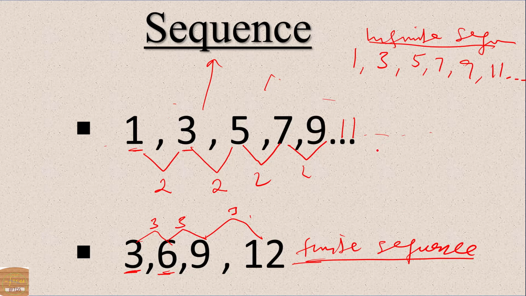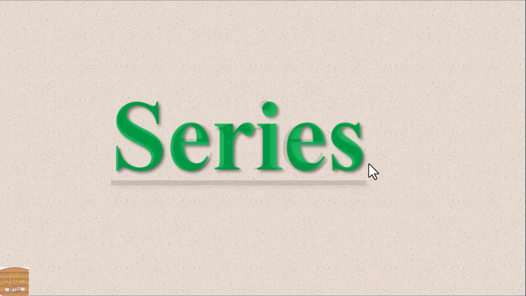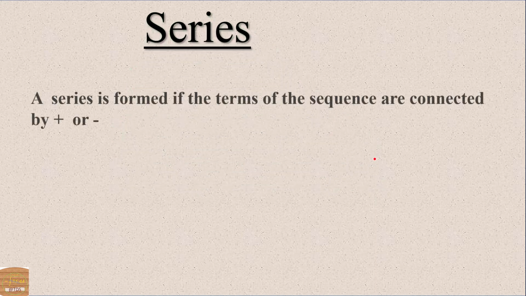Now that we know the meaning of sequence, let's look at what is meant by series. A series is formed if the terms of a sequence are connected by plus or minus signs. Let's say we have the sequence 1, 3, 5.